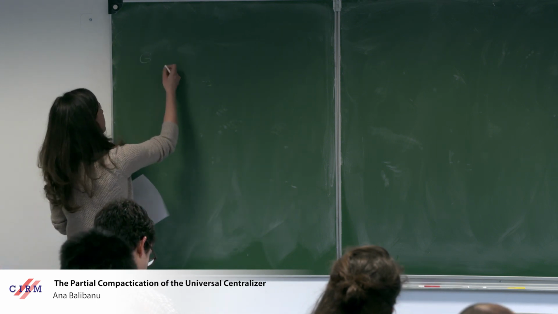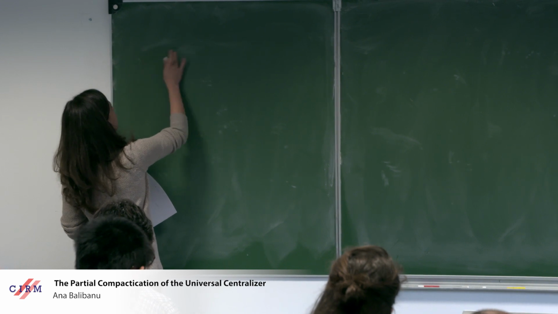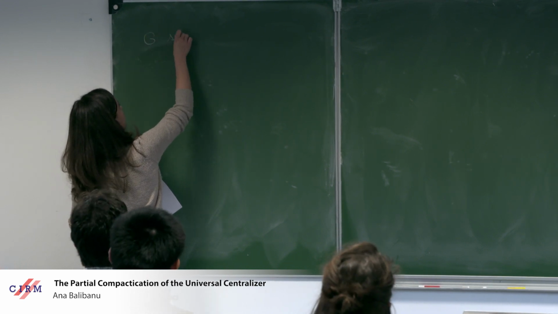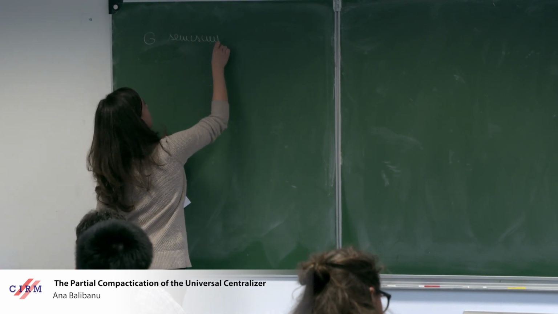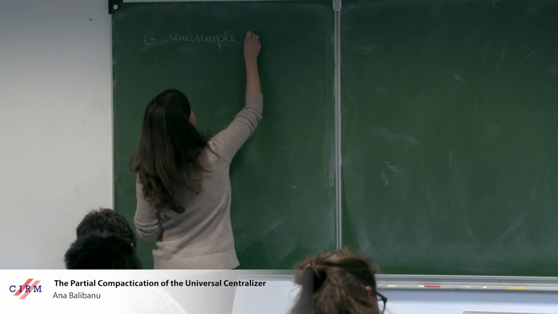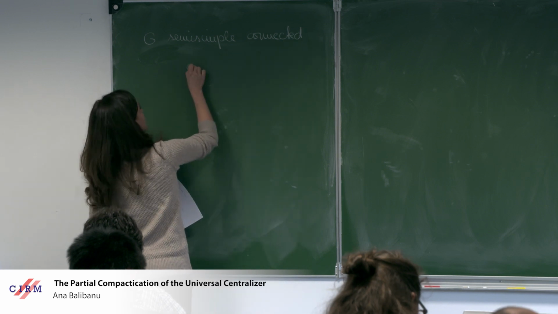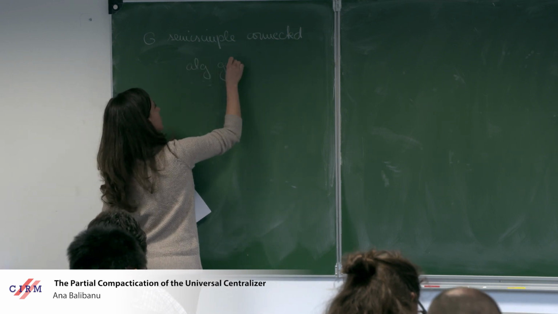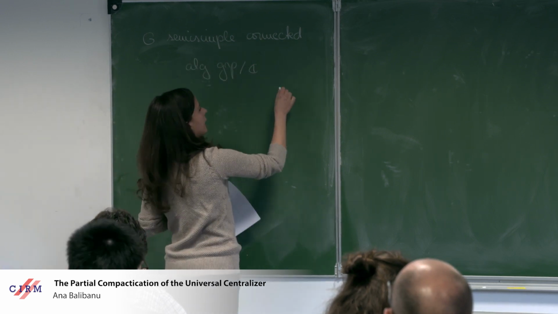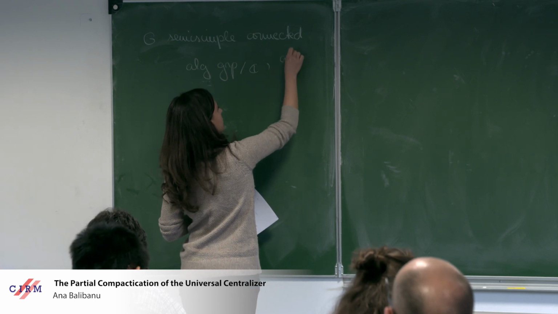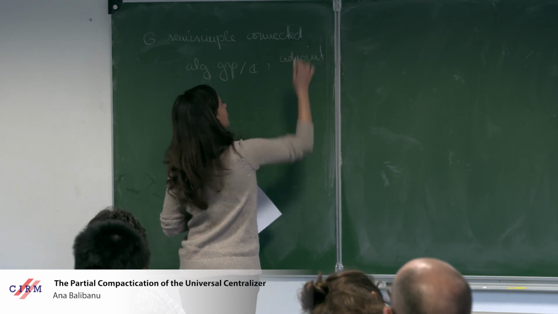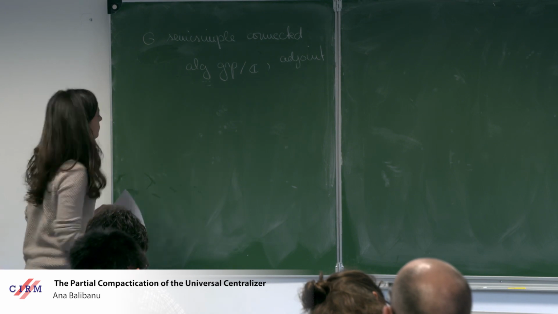So for today, G will be a semisimple, connected algebraic group over C. And I'll require it to be of adjoint type, so it'll have trivial center.